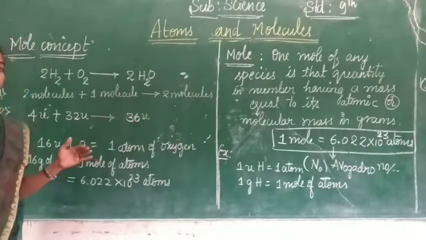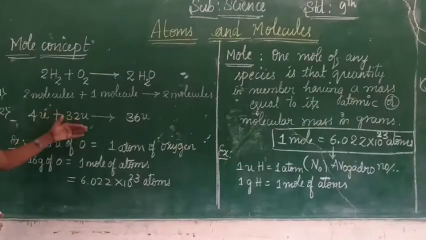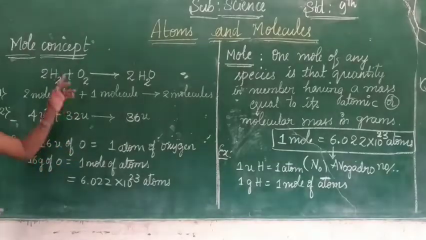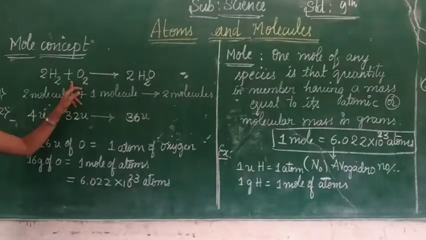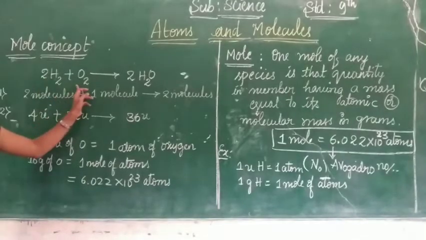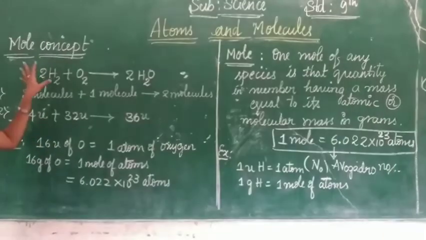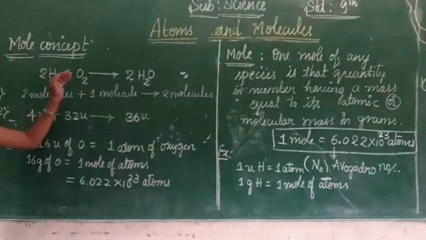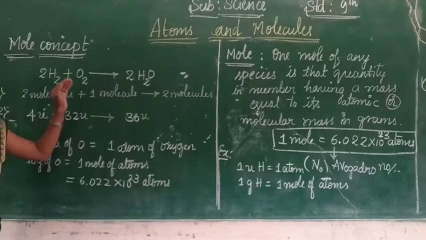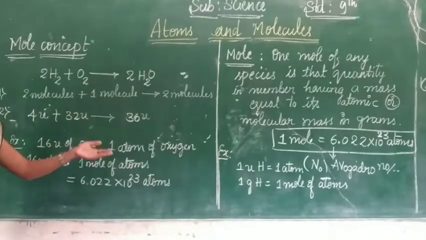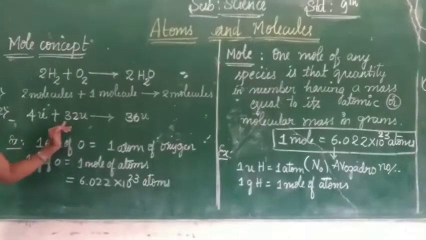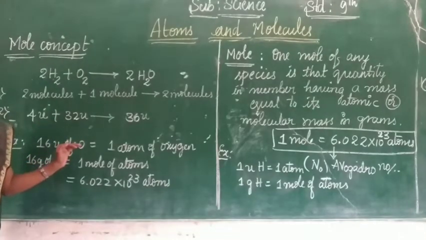Look at the representation of the equation, children. This equation shows the number of molecules involved in the reaction. It is more convenient than expressing it in terms of mass. Is it or not, children? Yes.